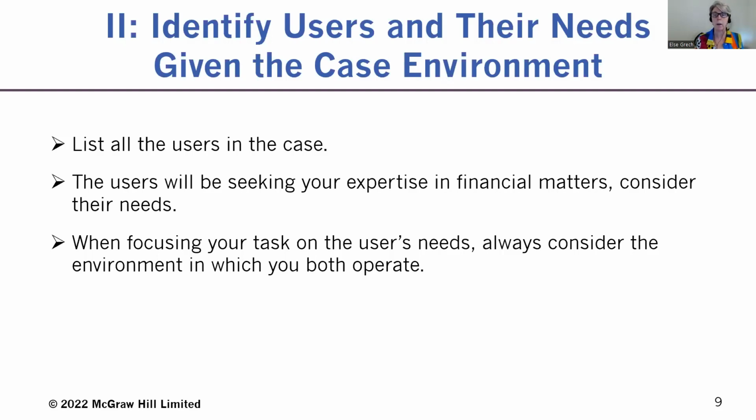I could go on. But if these entities are not listed in the case or they're not directly impacted by your recommendation, then you should not put them on your list of key users.